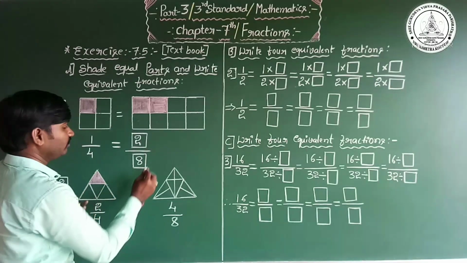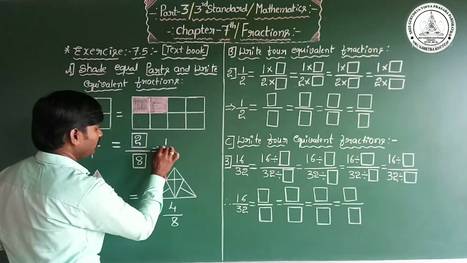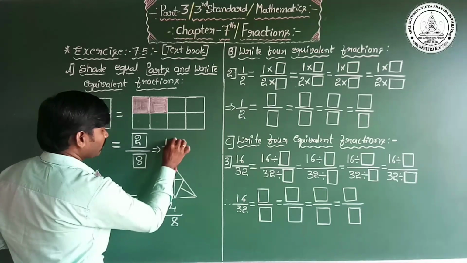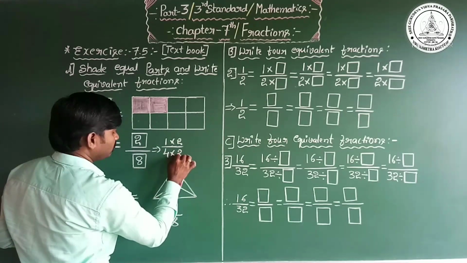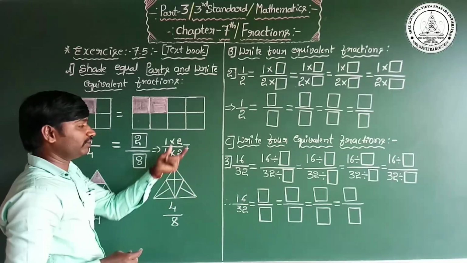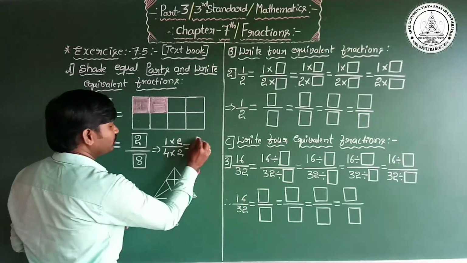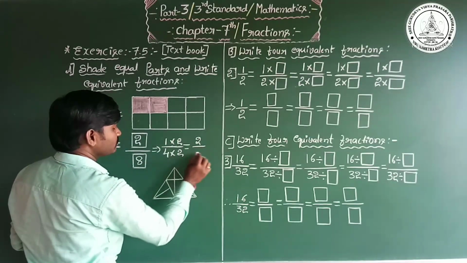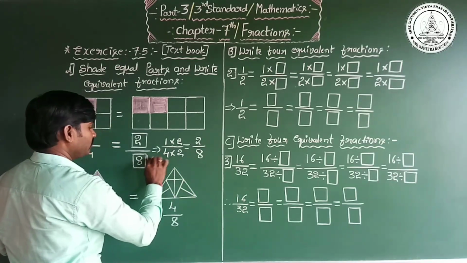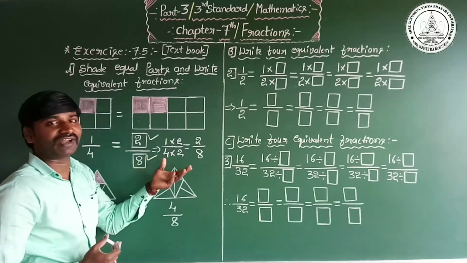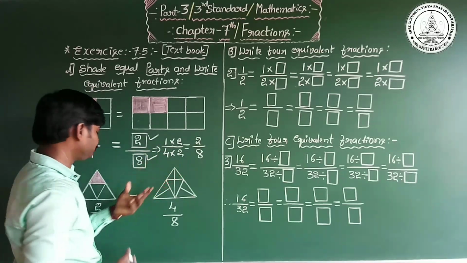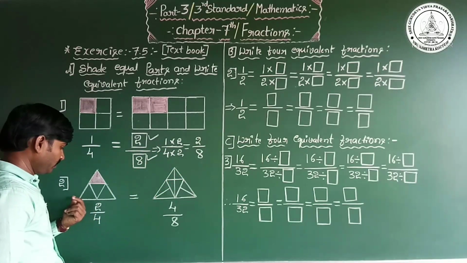Dear students, you easily find this from 1 by 4: multiply by 2 by 2, the same number. 1 into 2 is 2, 4 into 2 is 8. You get the answer. This is the equivalent fraction. Clear?